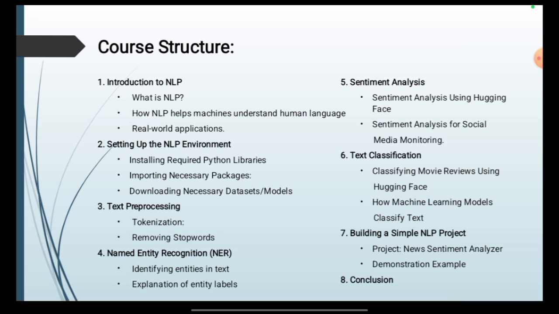Next, gain proficiency in sentiment analysis, under which you will understand sentiment analysis using Hugging Face and sentiment analysis for social media monitoring. In the next part, explore text classification, under which you will learn classifying movie reviews using Hugging Face and how machine learning models classify text.